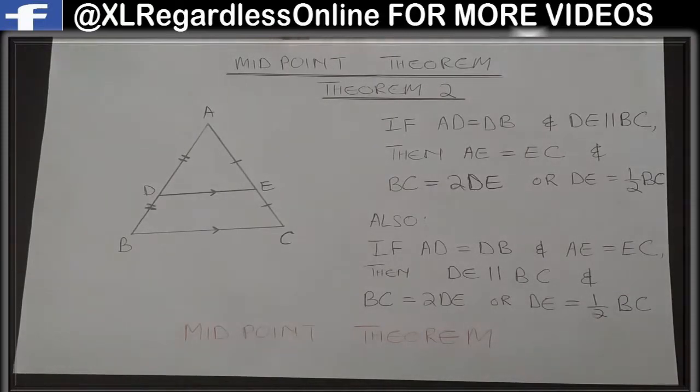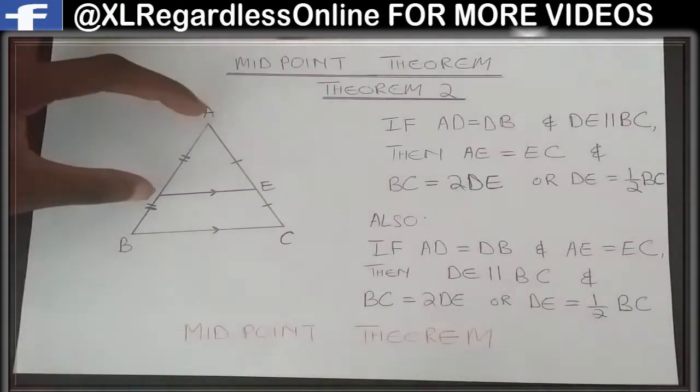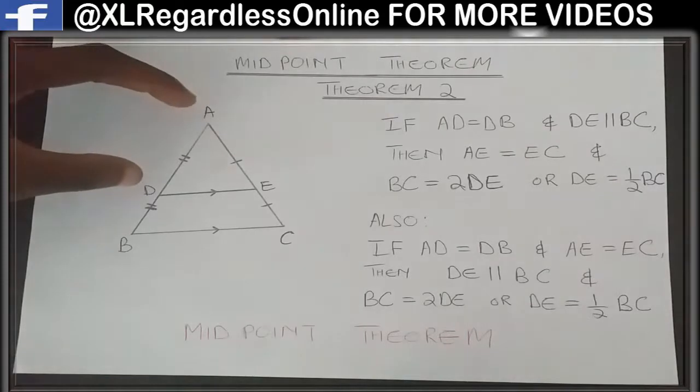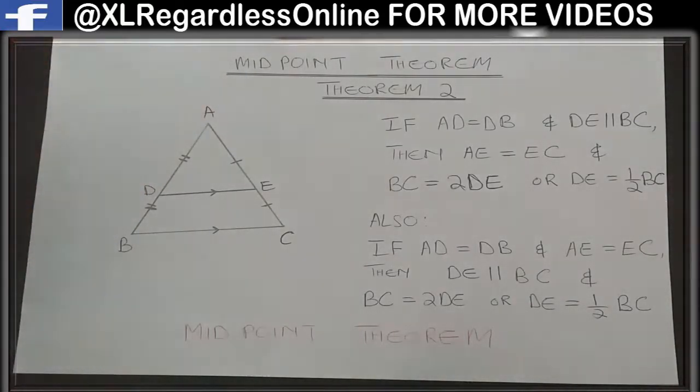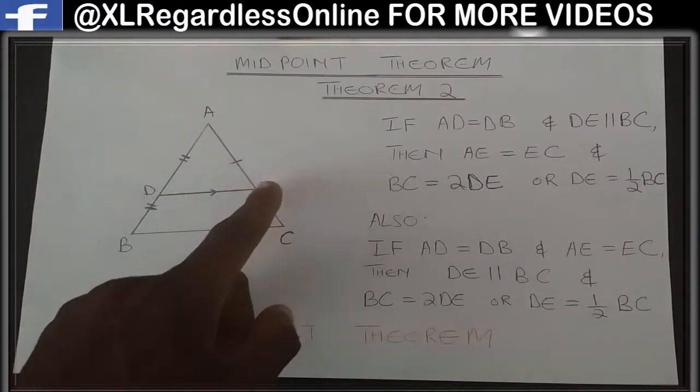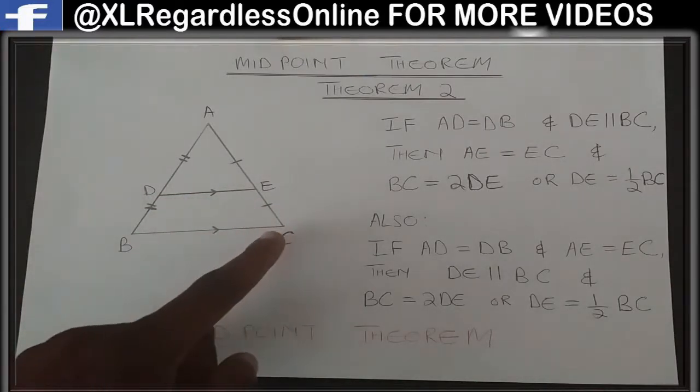Now, when we are dealing with the midpoint theorem, I've written theorem number two for grade 12s. What will be given to us is that AD is equal to DB, and also DE is parallel to BC.